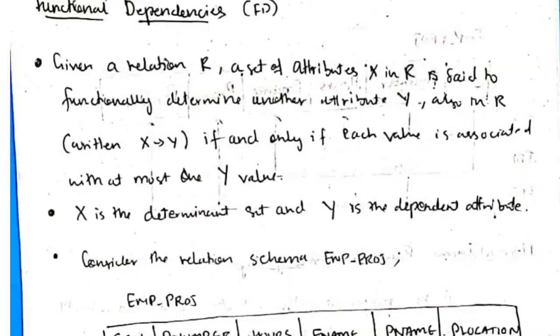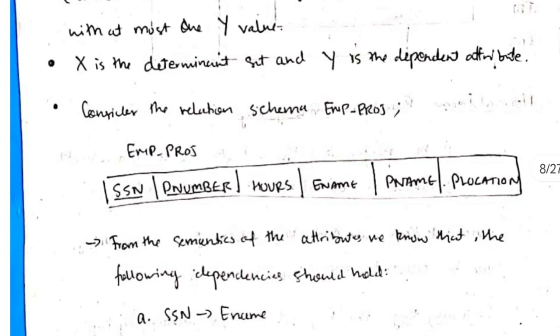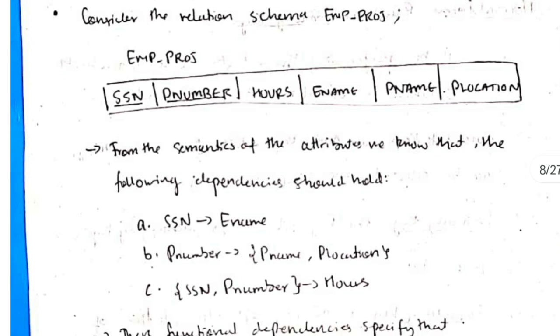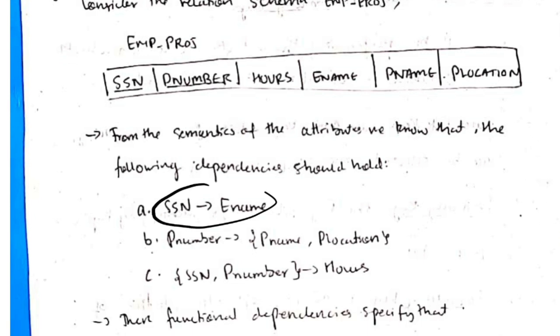Okay, let's discuss functional dependencies. What does functional dependency mean? In a functional dependency, a value y is dependent on x. For example, in the employee project, we have e name dependent upon SSN, and we make an arrow like this. P name and p location are dependent on p number.